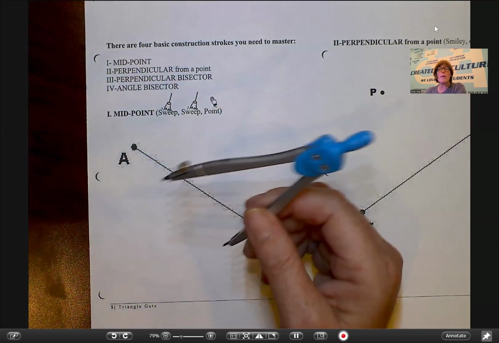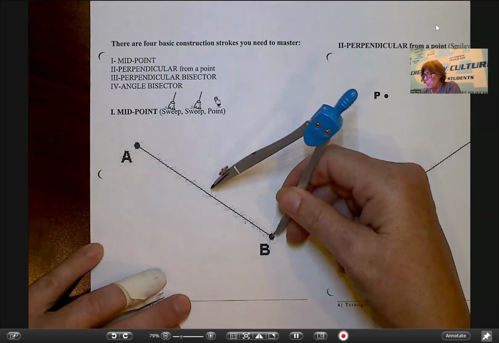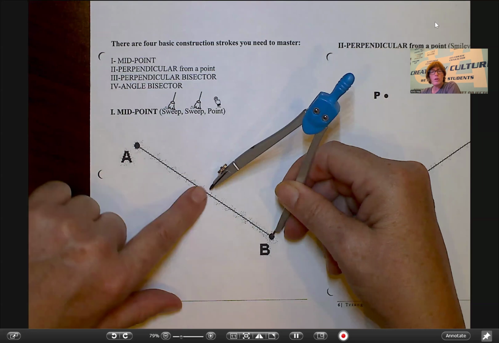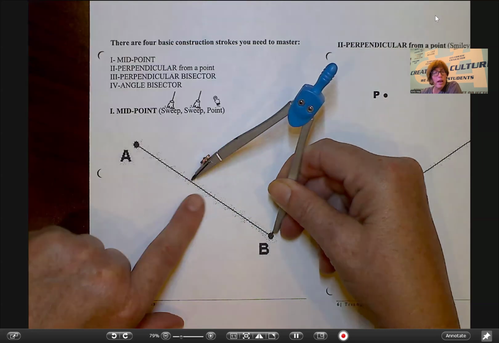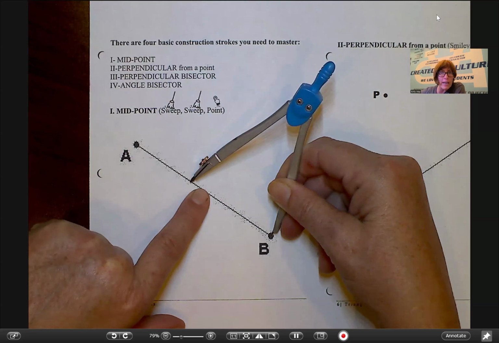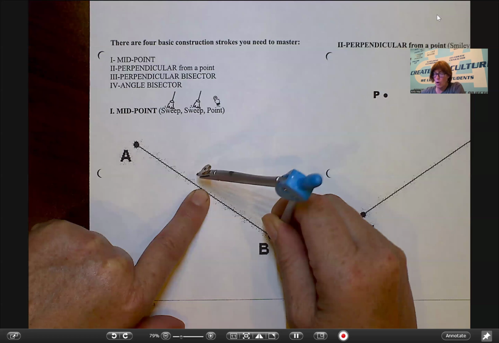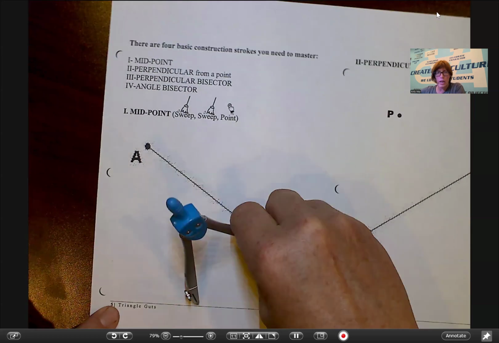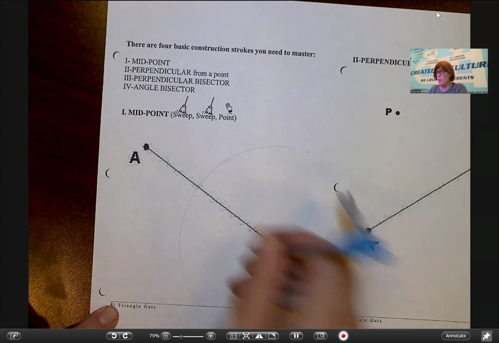Okay, so a midpoint looks like this. Open up your compass setting so it's just past what looks like the middle. Then you sweep a large arc. Then come around the other side.